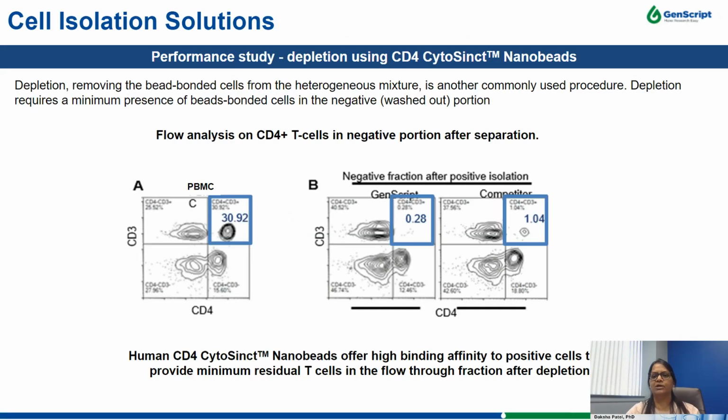And this reagent can also be used for depletion purposes. Here we presented CD4 depletion using the human CD4 cytosine nanobead, and it depleted CD4 cells by 99.9%. And it's showing very similar data to the control sample.